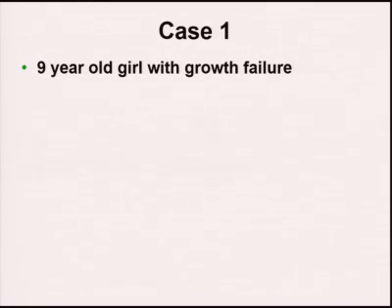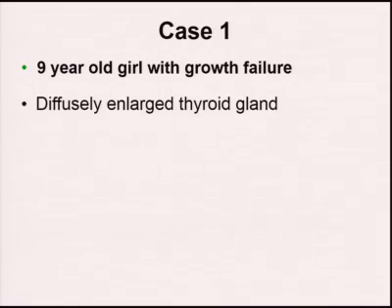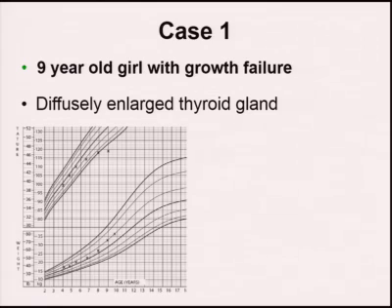All right, this is actually case 2, but here it says case 1. It's a 9-year-old girl with growth failure. You note that she has a diffusely enlarged thyroid gland. And her growth chart shows, what do we see here? On the height, we see that over the past couple of years, her height has fallen off the growth chart.